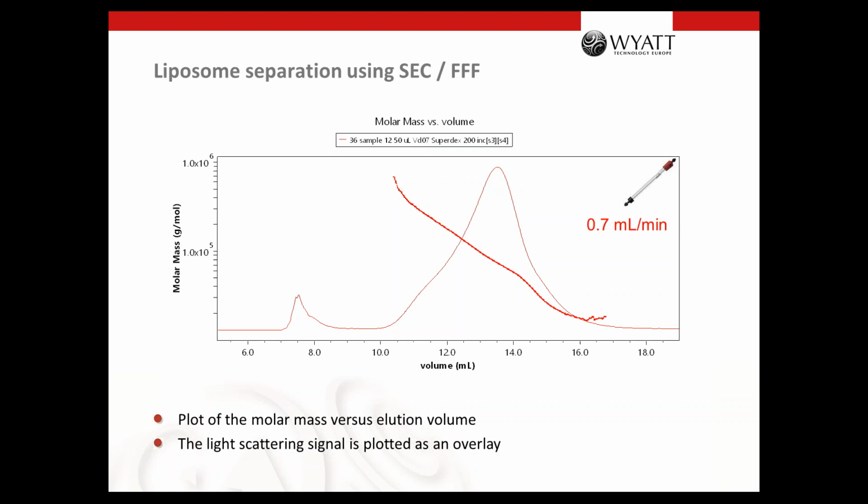This nanodisk is formed if you have this liposome and then add a special protein to it. And this nanodisk is usually quite stable. So it should be possible to separate it with an SEC column. And the customer used the SuperDex 200 Increase, which is normally very gentle to most proteins, and even with difficult proteins, it's normally no problem to separate them with a SuperDex column.